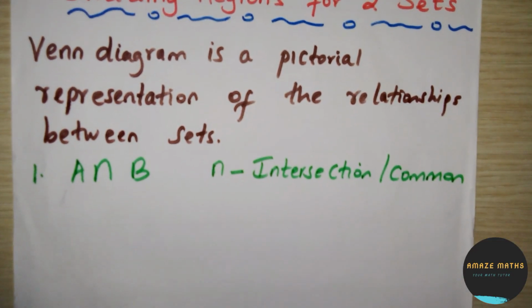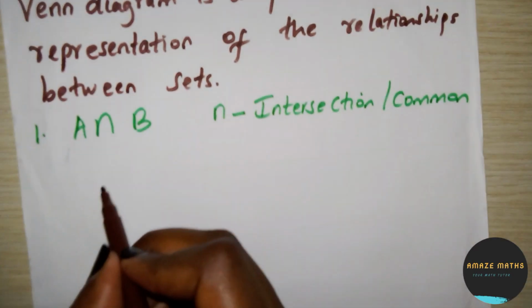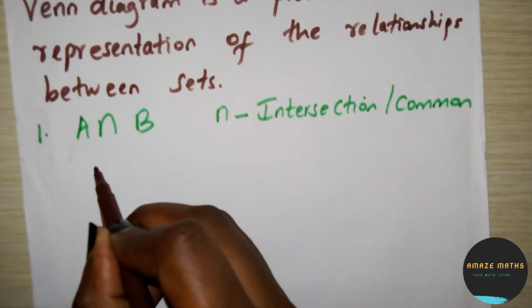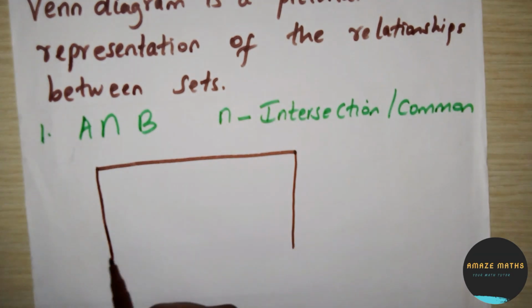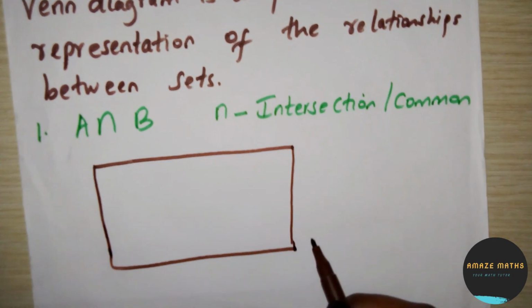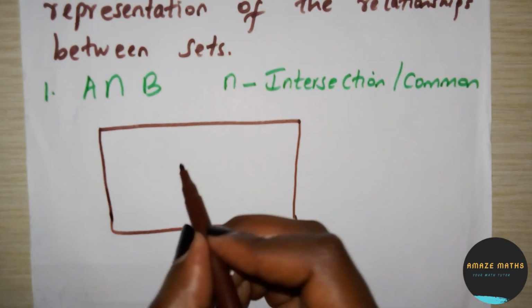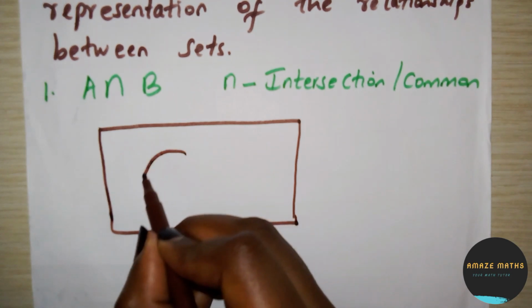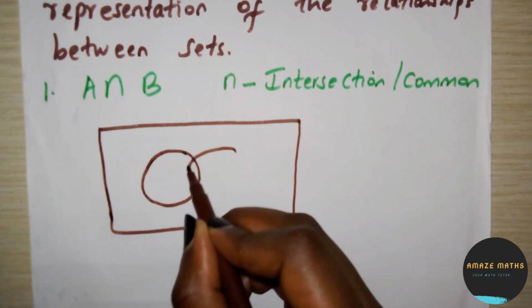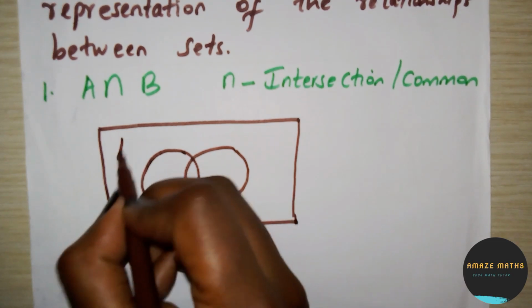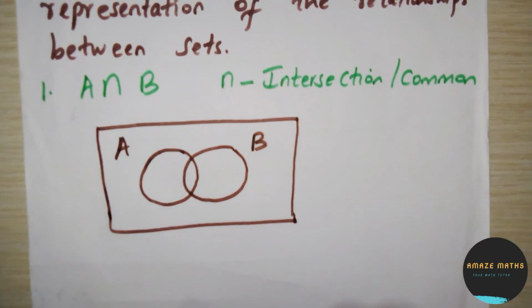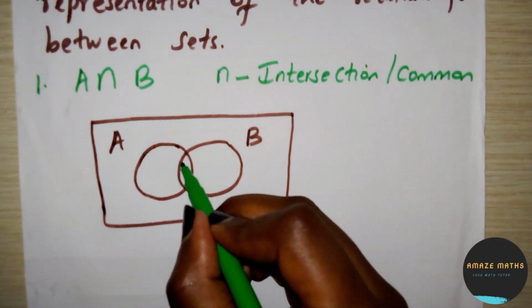In a Venn diagram we have the rectangle, which represents the universal set, and then we have the two sets, A and B.